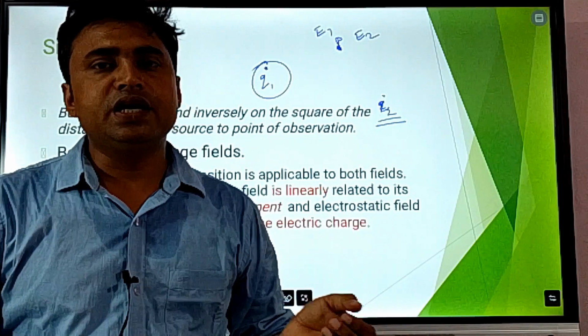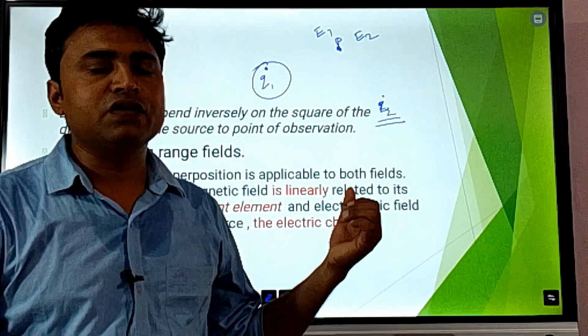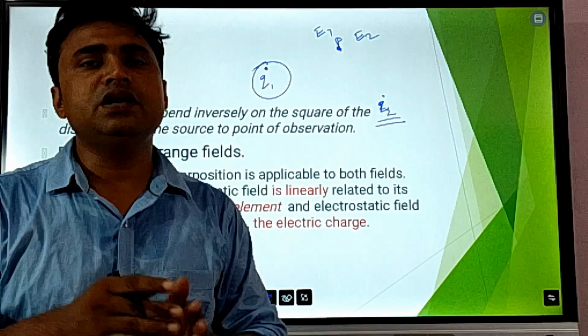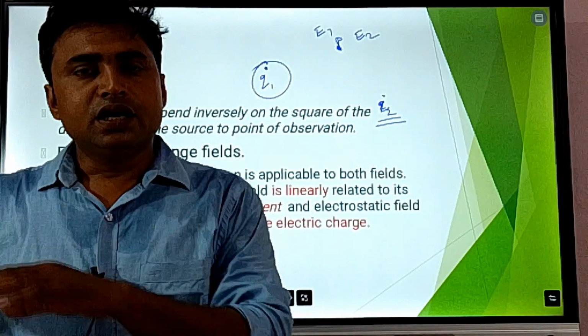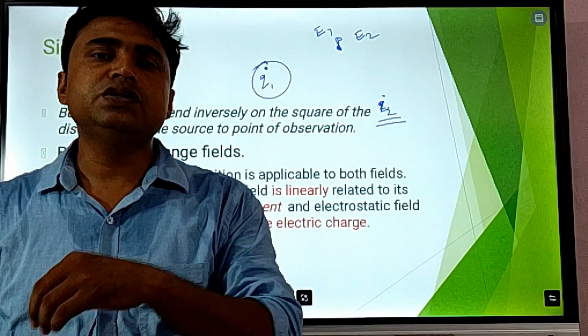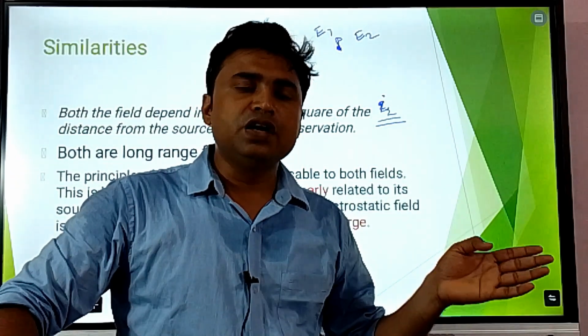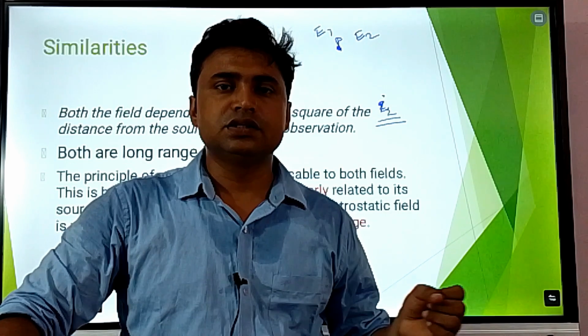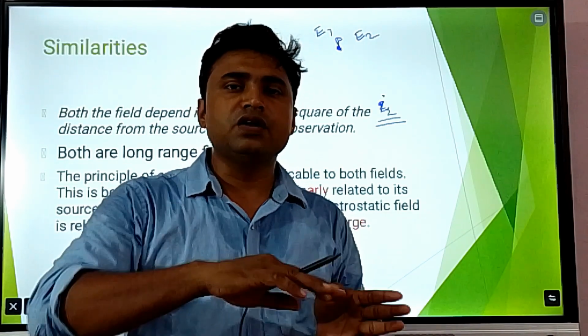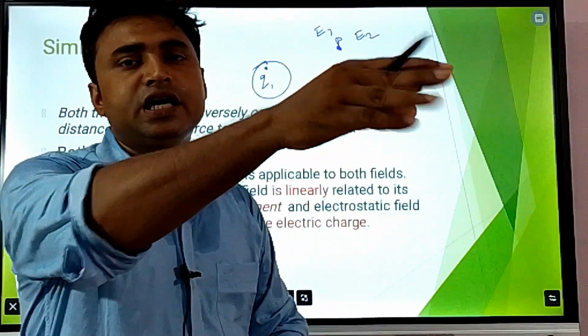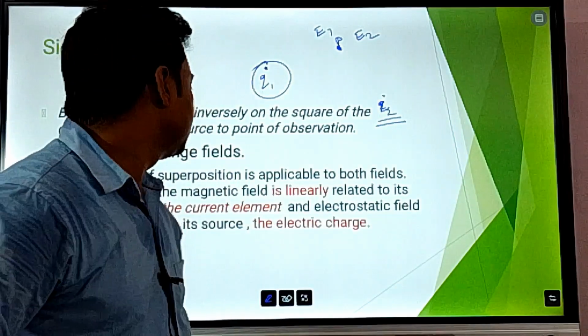If it is a scalar quantity, add it directly; since it is a vector quantity, add it according to vectors. Other sources do not disturb the magnetic field produced by the other sources. Each source contributes individually at that point of observation.